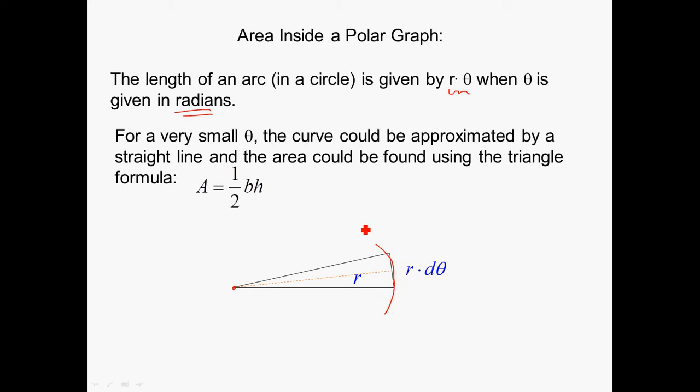But if I zoom in far enough, that little arc begins to look straight. And the differential of the area of a triangle is 1/2 base times height times the change. So that ends up being 1/2 r squared d theta.